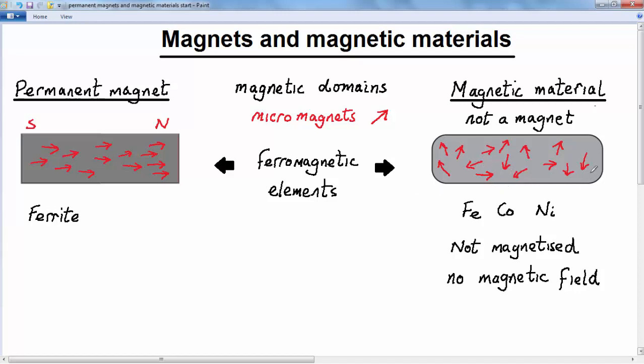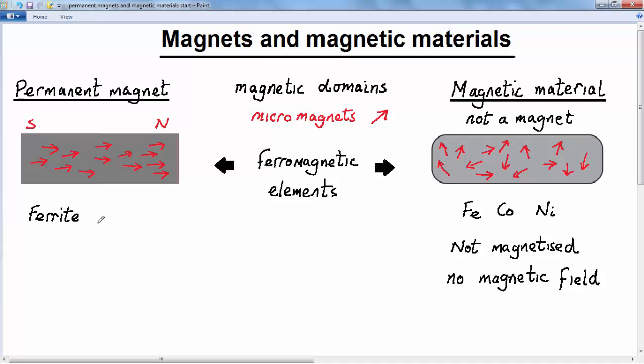These domains are much more free to move and reorientate themselves in ordinary magnetic materials such as iron, cobalt and nickel, whereas in the case of the permanent magnet they are not free to move. They tend to be fixed in the same orientation. For that reason, its magnetism is permanent. We'll summarize these two differences in a minute, so we'll have those written down on the screen.